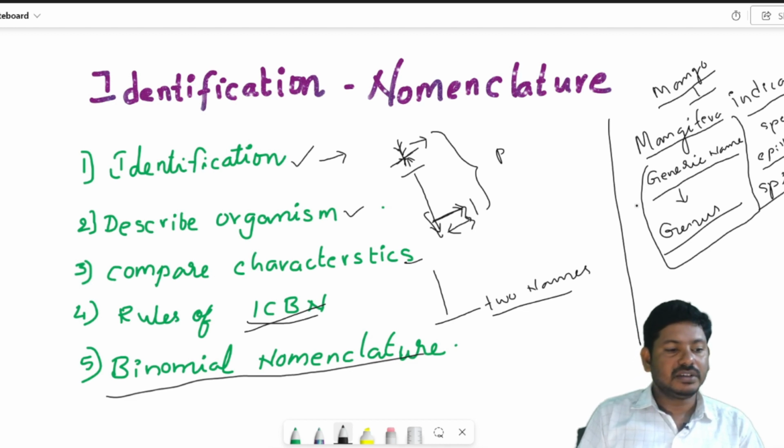Through this binomial nomenclature system, these rules are provided by ICBN. Binomial nomenclature is one of the processes introduced by a famous scientist, Linnaeus.